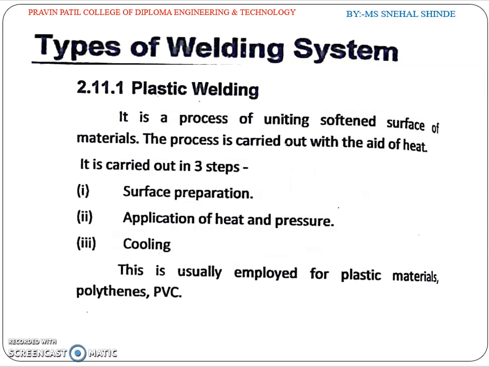So our next part is the types of welding system, that is, electric welding. The types of welding system are plastic welding and fusion welding. In plastic welding, it is a process of uniting softened surfaces of the materials.